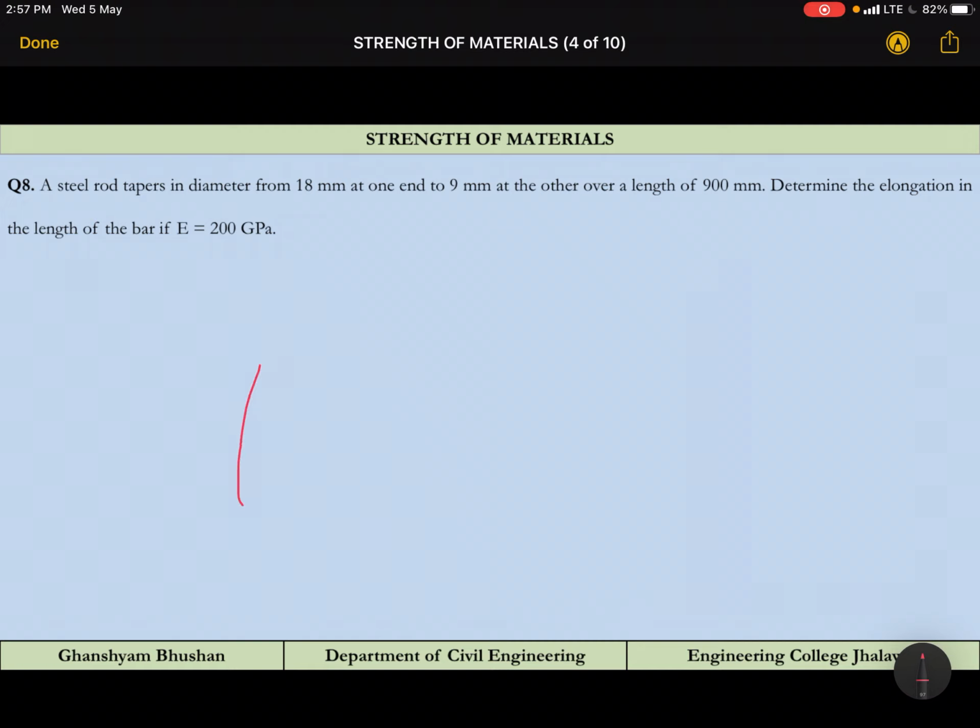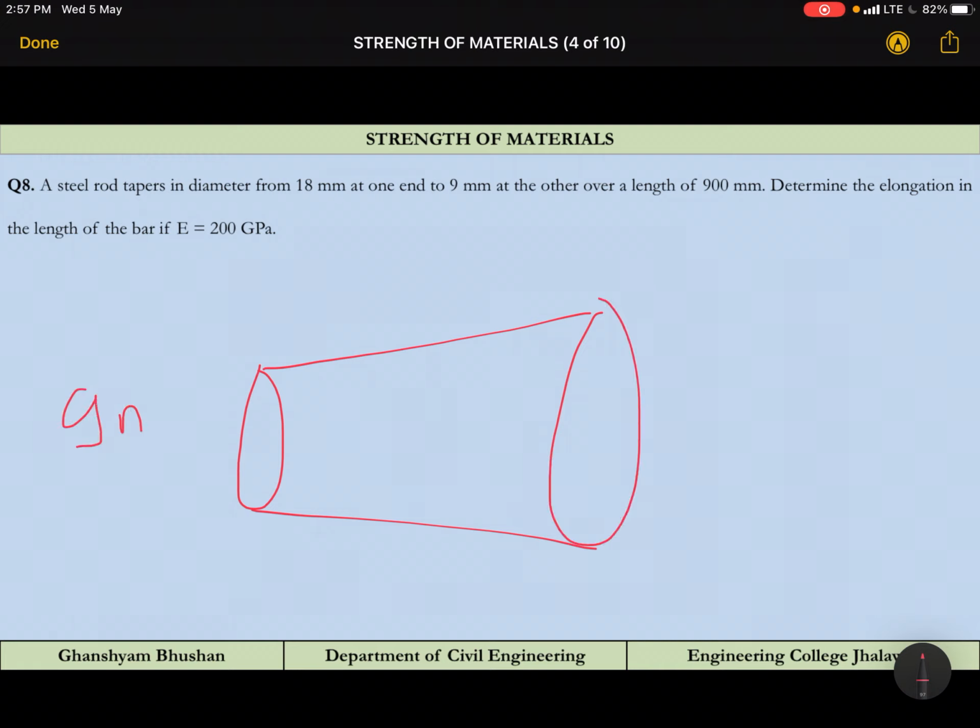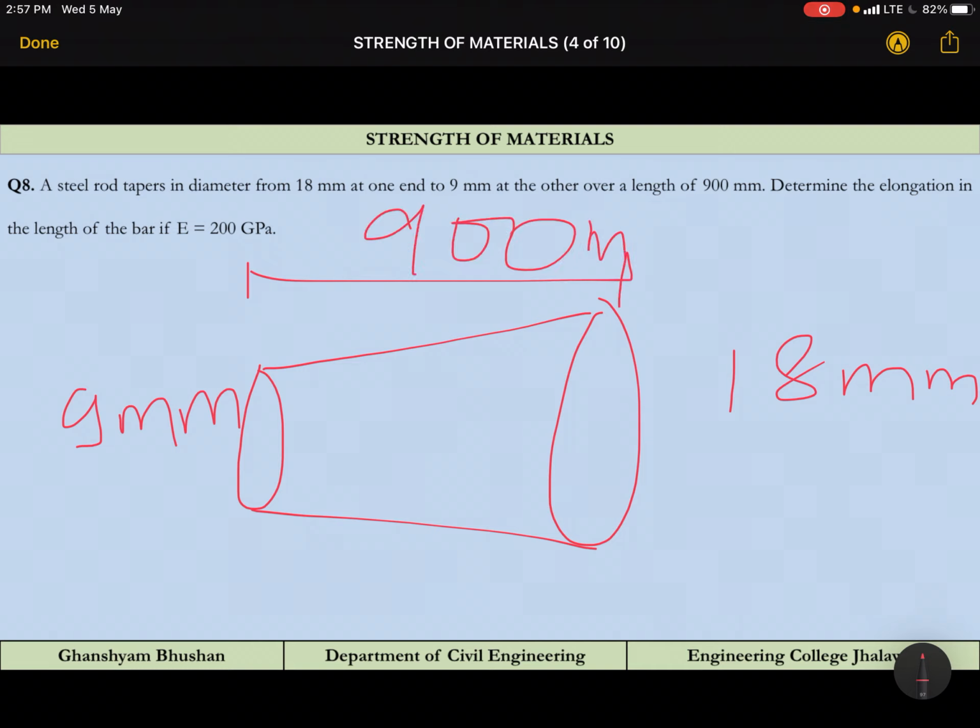Again we have a circular cross section like this: here it is 9 mm, here it is 18 mm, and the length is 900 mm. The formula is very simple: 4PL upon pi d1 d2 E.